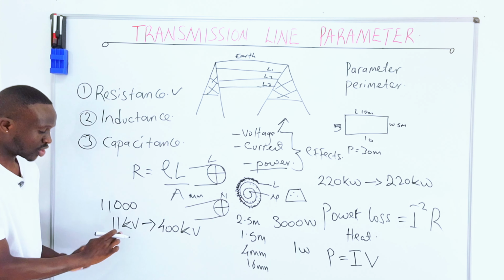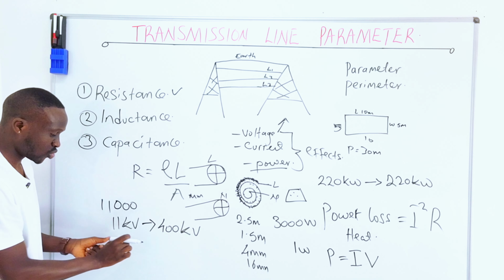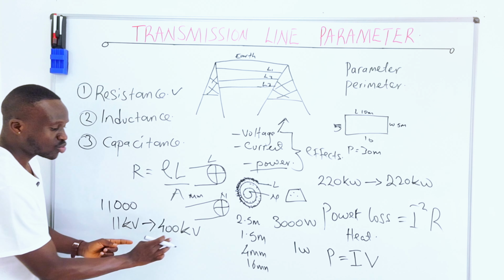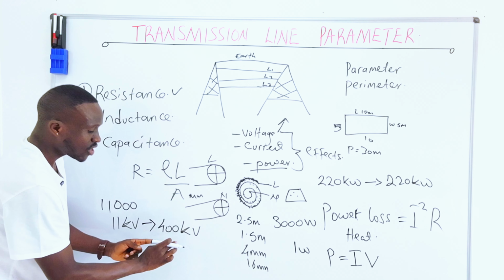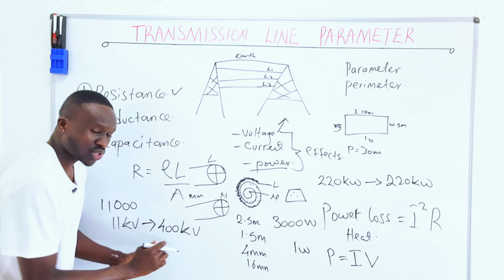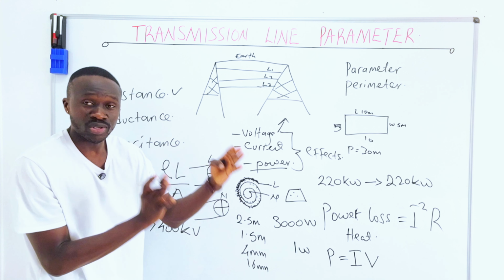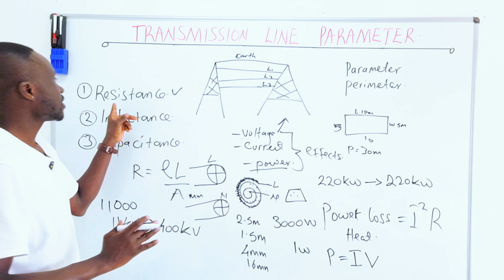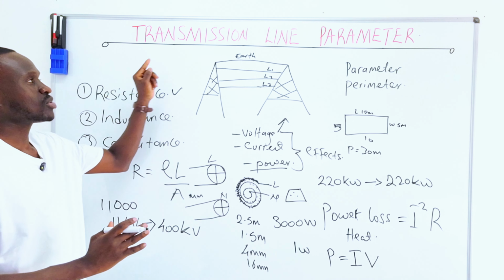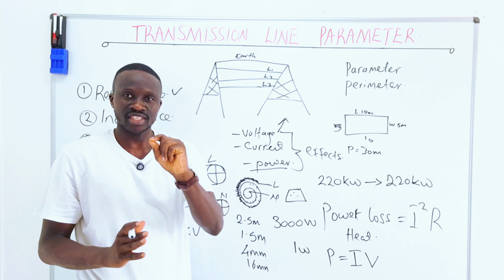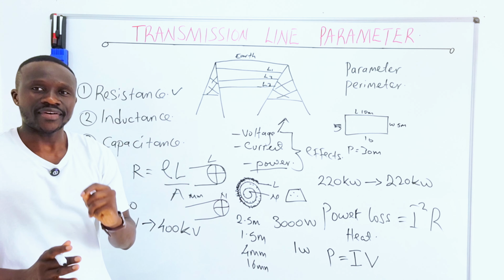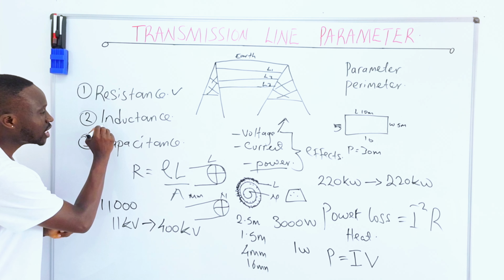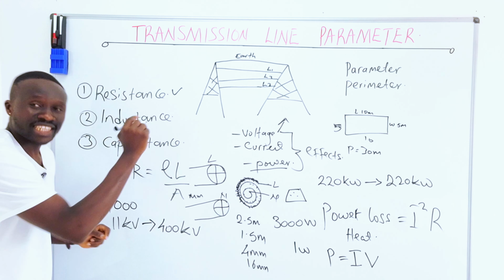That's why on the transmission, they never wanted to transmit at 11k. They decided to step up the voltage to 400,000 volts, so that our power remains constant. Okay, that is the transmission line parameter, the resistance, which affects the current. Now we are going to talk also about the inductance.